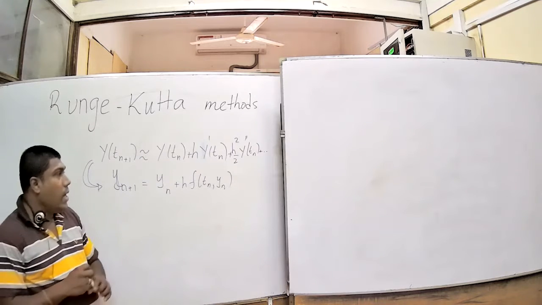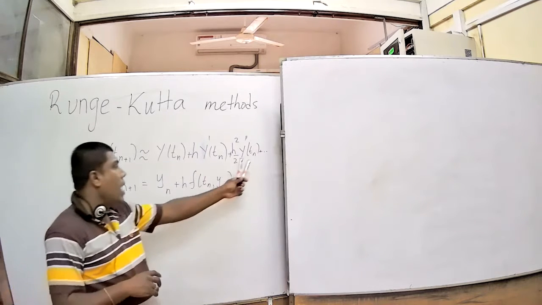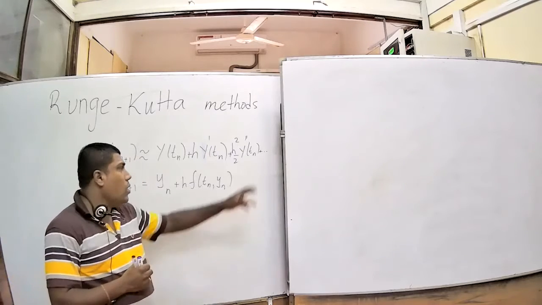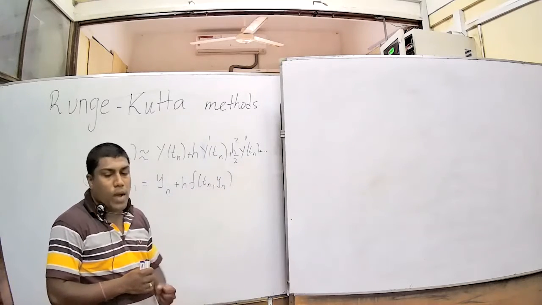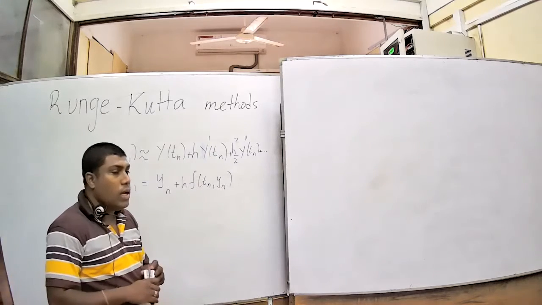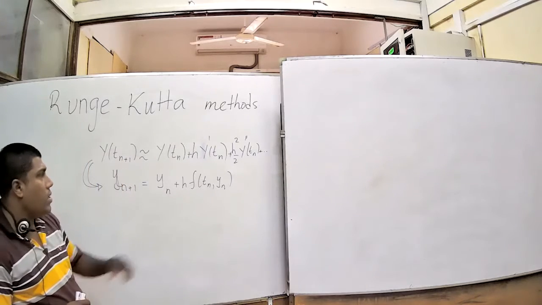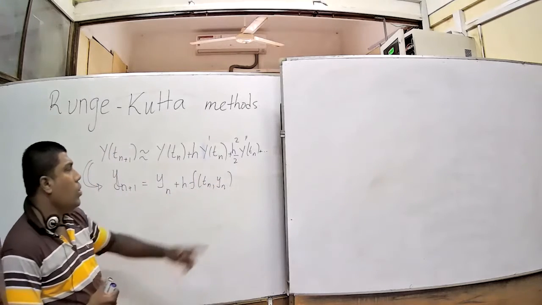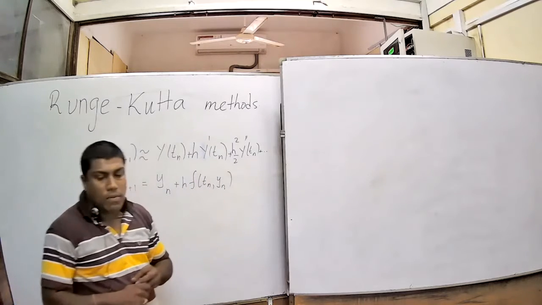But unfortunately, increasing that leads to another problem where you need to know the higher order derivatives of the solution at t_n, right? Even if you go one more term, you need the second derivative of the solution.